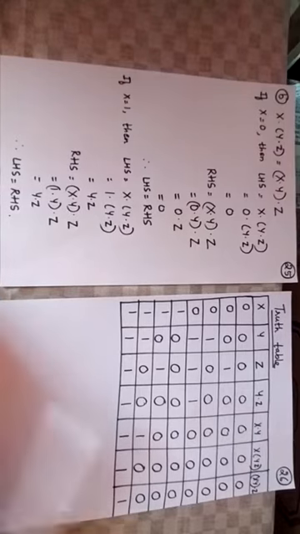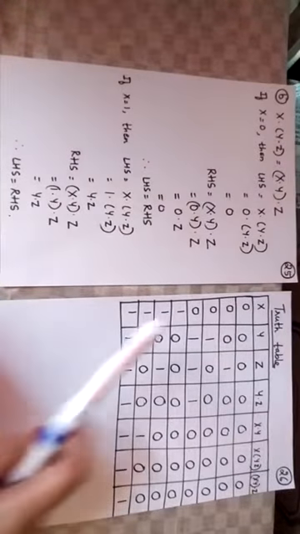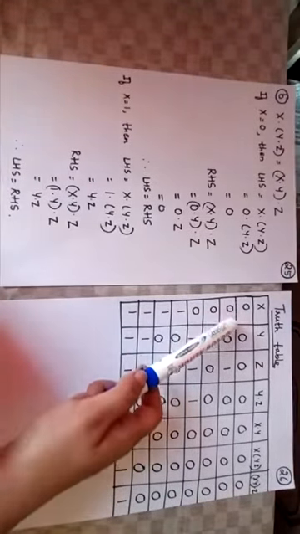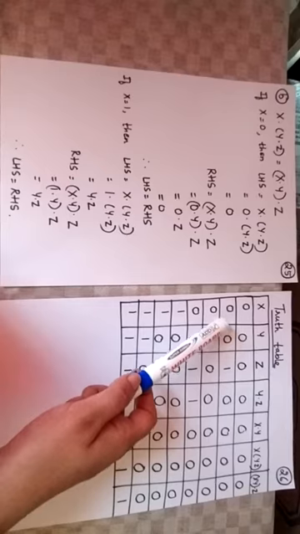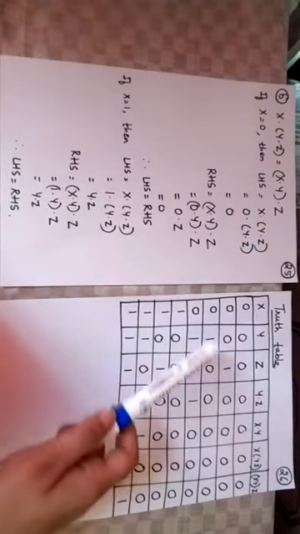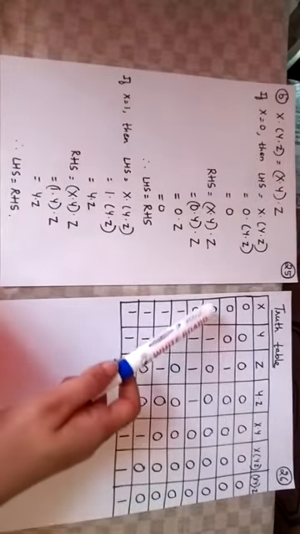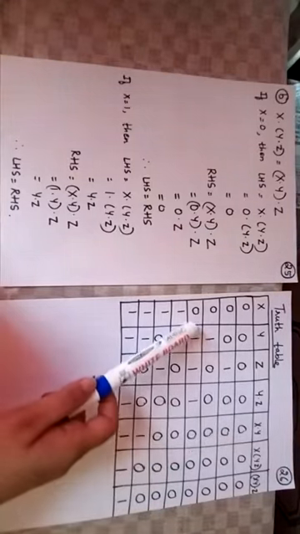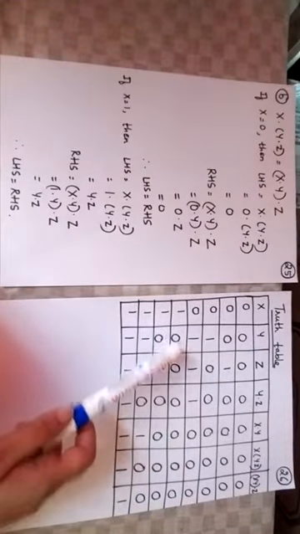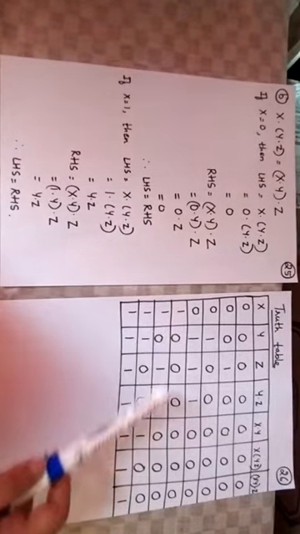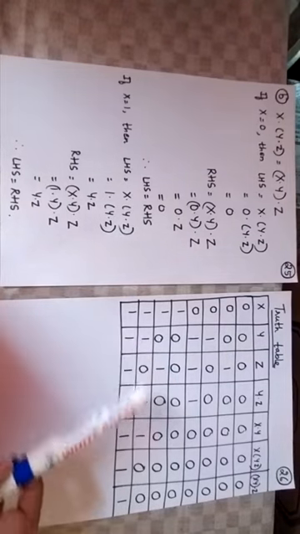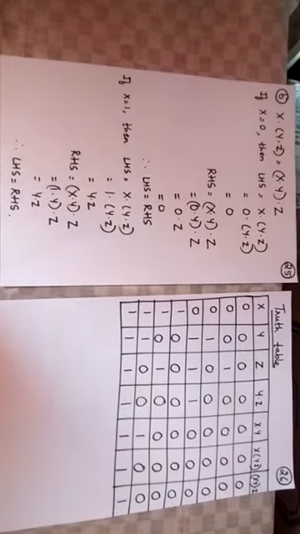Now the next column says x · y. I have to take the first 2 column values and perform the AND operation on them. So 0 · 0 results in 0. 0 · 0, 0 · 1, it is again 0. 0 · 1, 0. 1 · 0, 0. 1 · 1, 1. 1 · 1, it is 1 again.